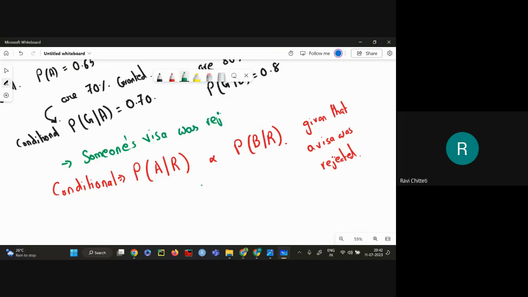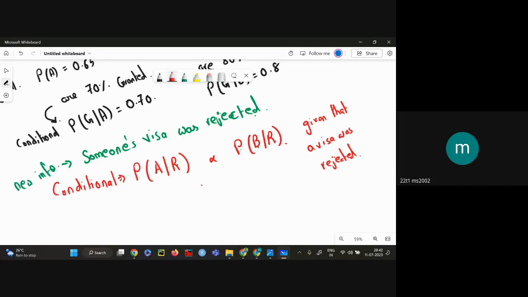Right. So with this information, I want to now update and get new information that is going to tell me what is the probability of that rejection coming from A, what is the probability of that rejection coming from B. So this is the new information.